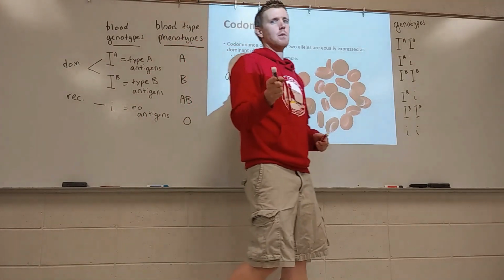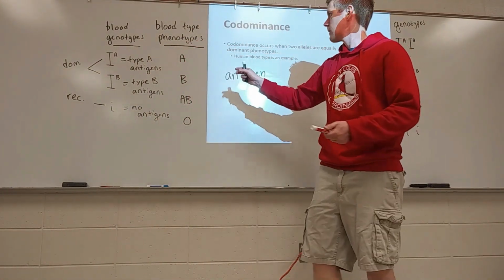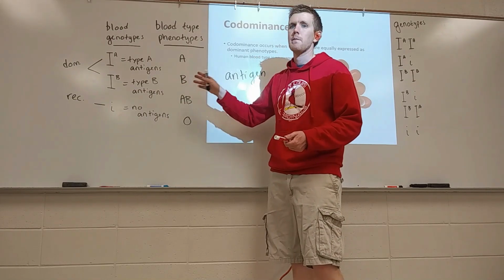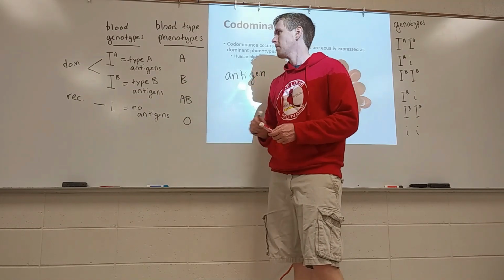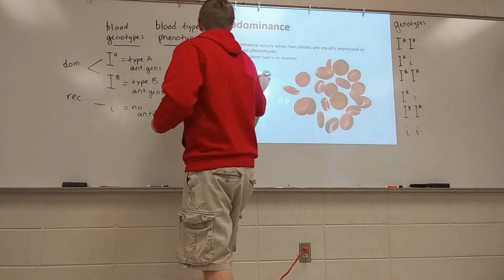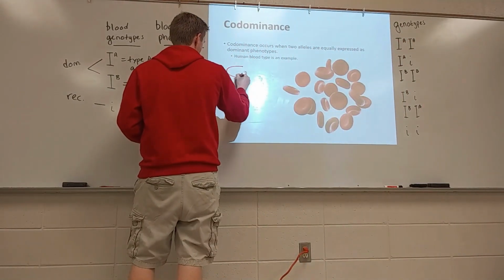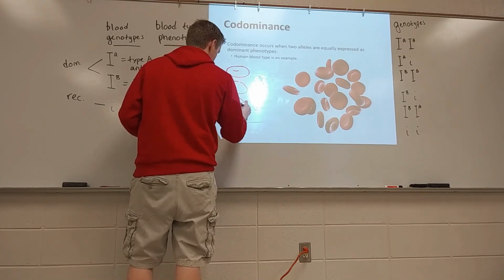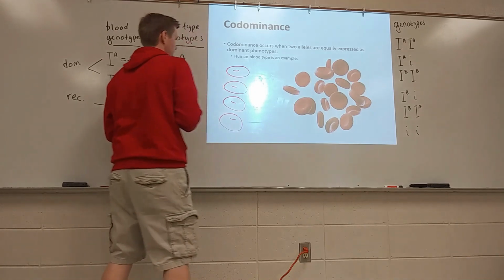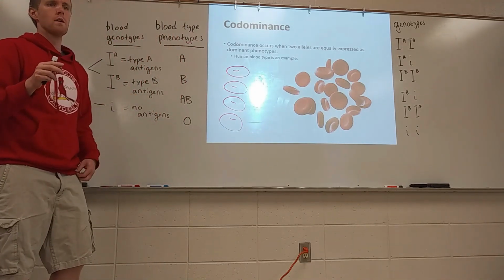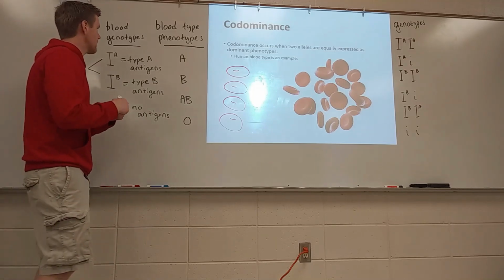So type A blood, people with type A blood, they produce type A antigens. Type B blood produce type B antigens. And AB blood produces both. Let's just draw that. The way I'm going to draw these antigens is nowhere near accurate, so please know that.